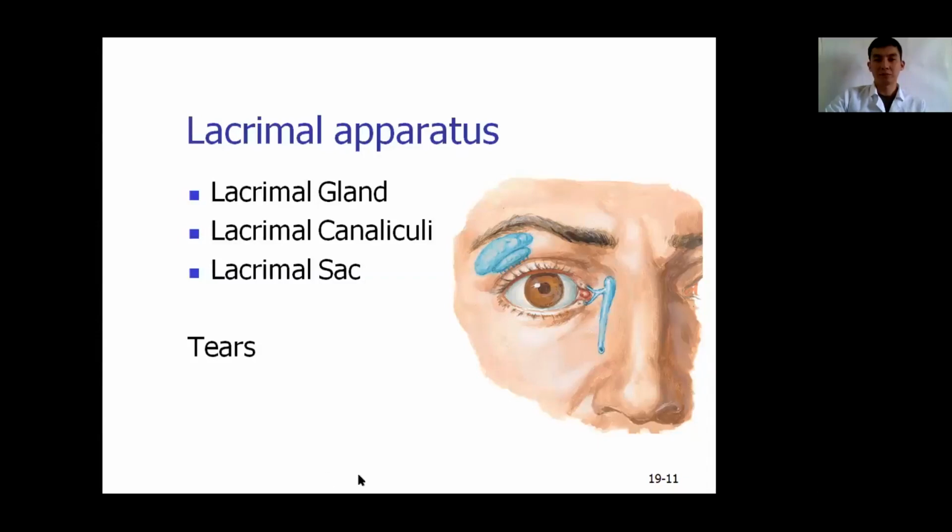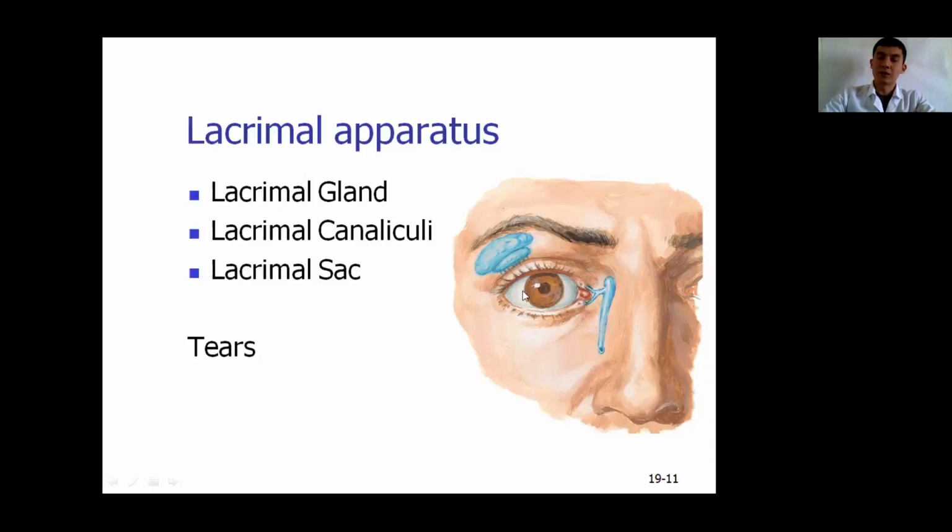The lacrimal gland has two parts, the largest orbital part and the smallest palpebral part. As you see in this diagram, the lacrimal gland is placed in the superior anterior lateral part of the orbit and opens into the superior conjunctival fornix by 12 ducts.